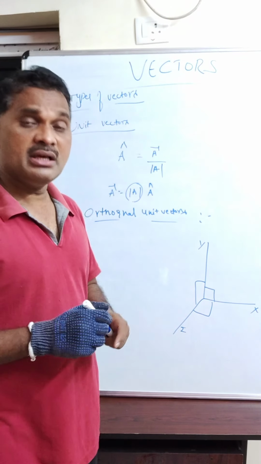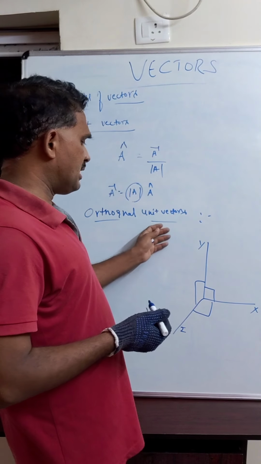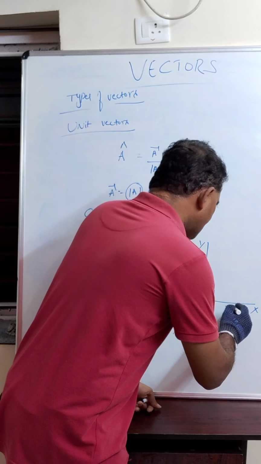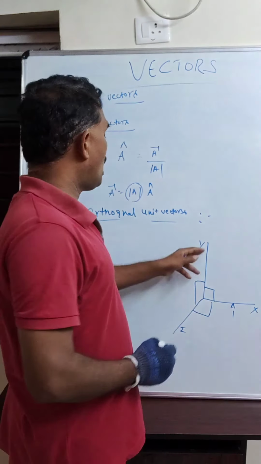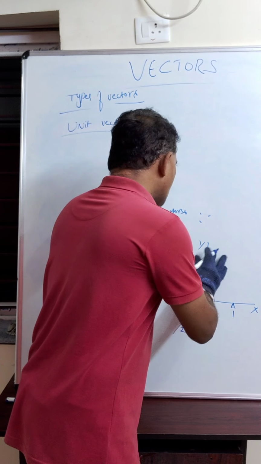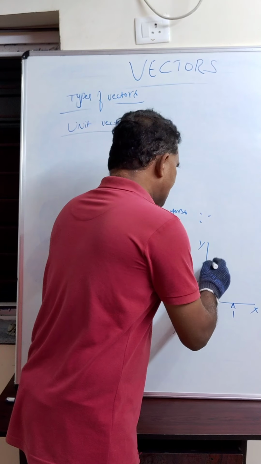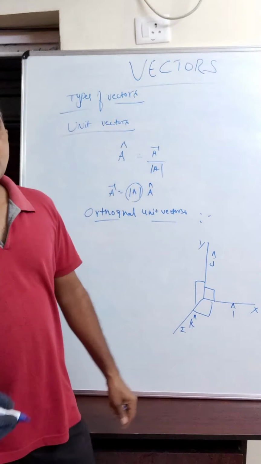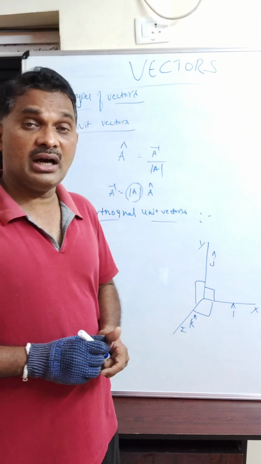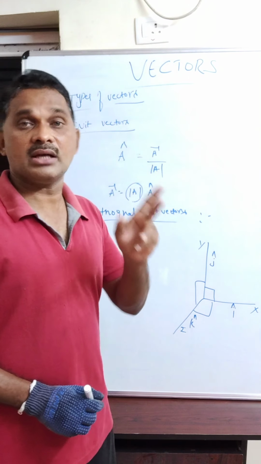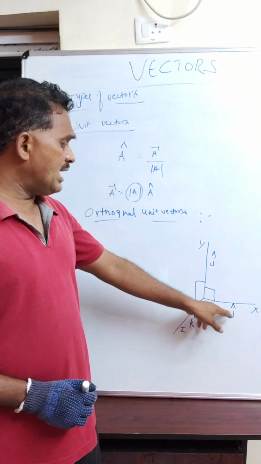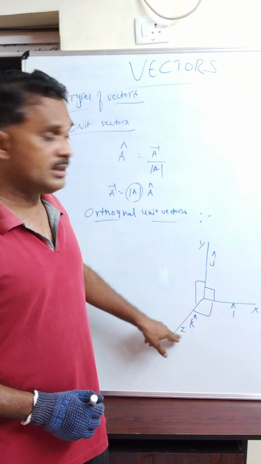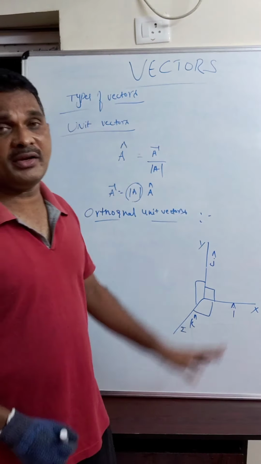Then how do we represent these orthogonal unit vectors? They are unit vectors, so they are represented with a cap. On the x-axis we represent with i cap, on the y-axis with j cap, on the z-axis with k cap. That means i cap, j cap and k cap are the orthogonal unit vectors. The angle between i cap and j cap is 90 degrees, and between j cap and k cap is 90 degrees. That's why they are called orthogonal unit vectors.